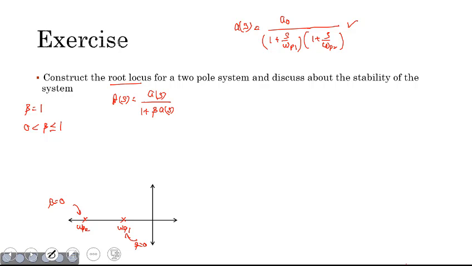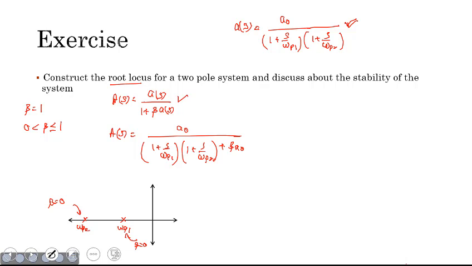Plugging in this entire expression, A of s equals A naught divided by 1 plus s by, with some simplification which is directly readable, beta times A naught.